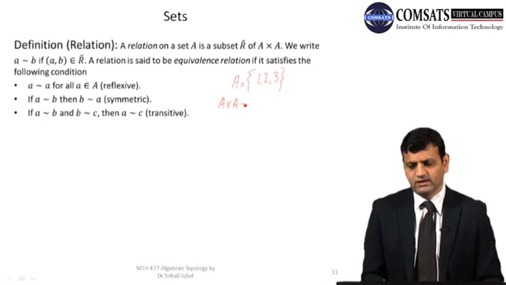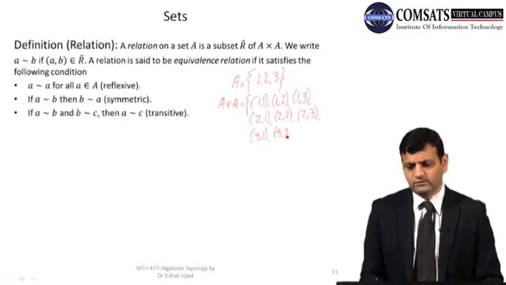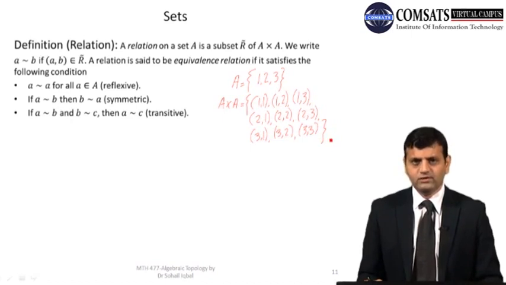The set A cross A is basically the collection of all ordered pairs (1,1), (1,2), (1,3), (2,1), (2,2), (2,3), (3,1), (3,2), and (3,3). So as we can see, this is the set of all possible ordered pairs with the first element belonging to A and the second element also belonging to A. So that's how we define A cross A.